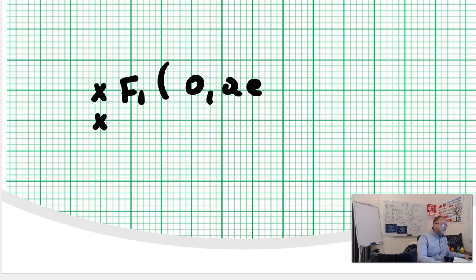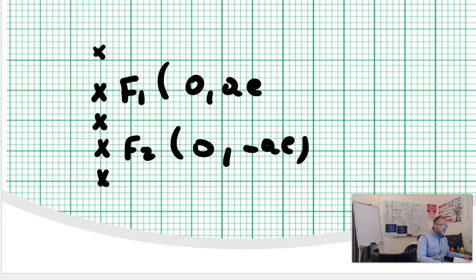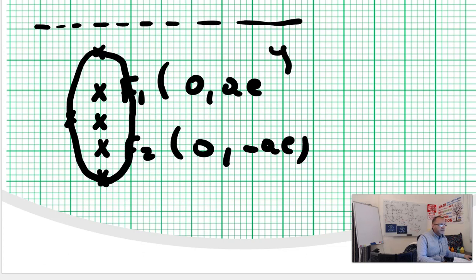And I want to take this as my a here. This is F2, (0, minus ae), okay? And I want to finish the ellipse like that. And let's say this is my directrix, y equals a divided by e.